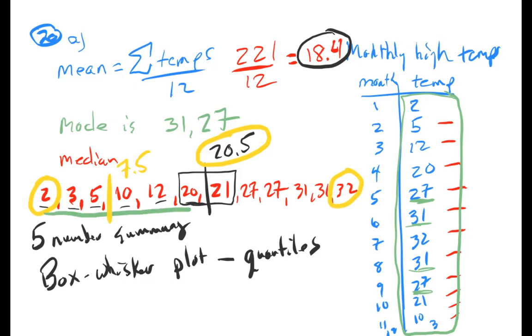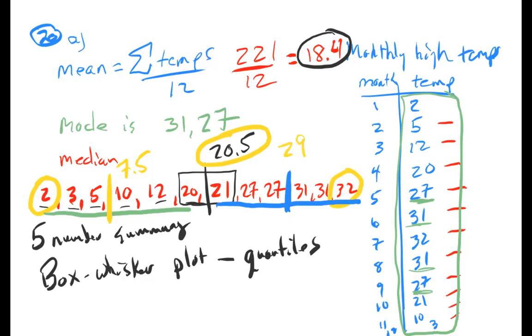And then on my upper half, I'm going to underline the upper half. I think my median should be right here, because there's 6 values above the median and 6 below, so we have to deal with that even number idea again. So the median of our upper half would be 29.